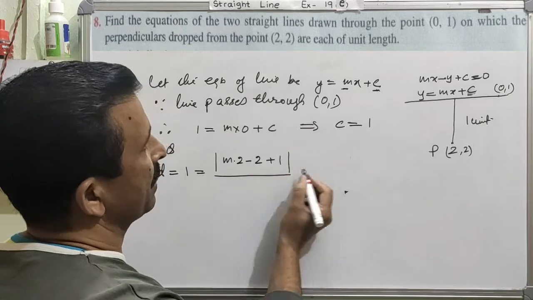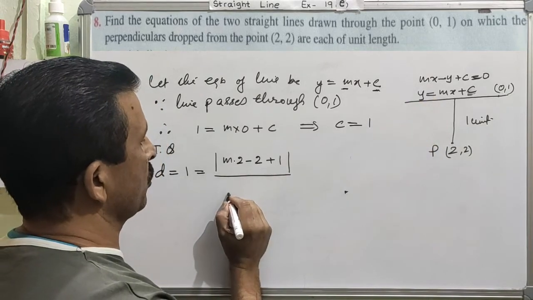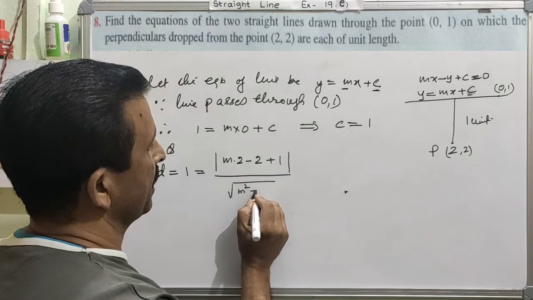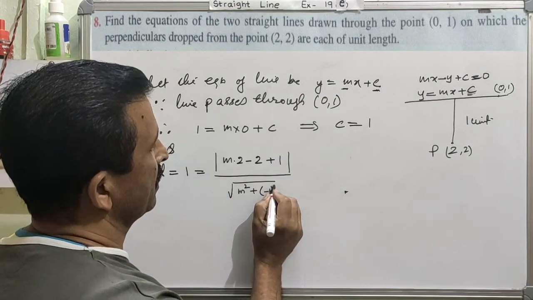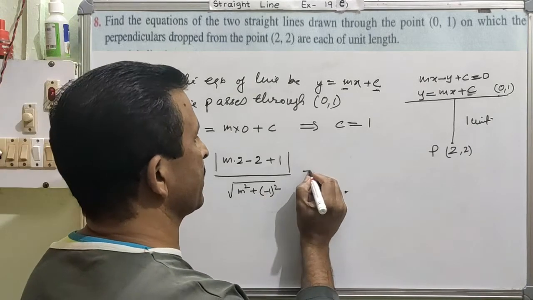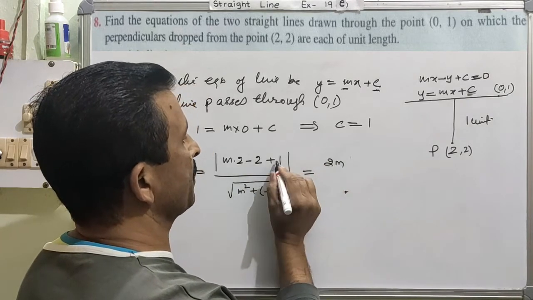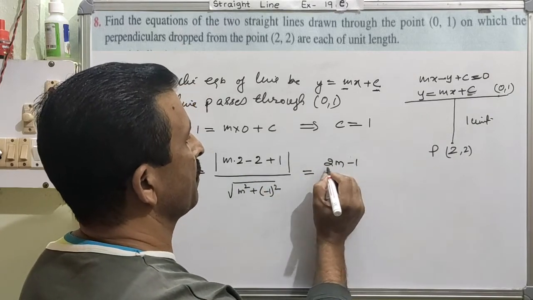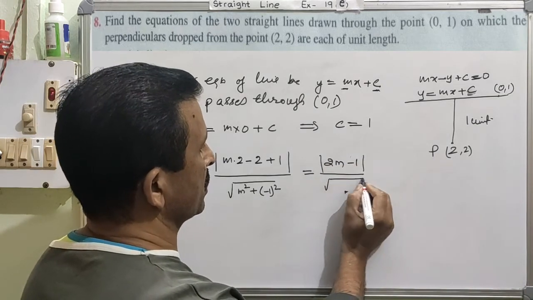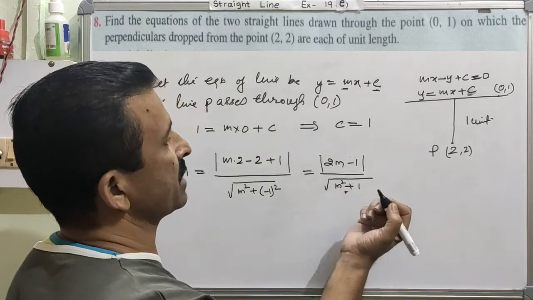Divided by root over m square plus minus 1 square. Is it alright? So this becomes how much? 2m, and this will be minus 2 plus 1, which is minus 1. Absolute value, divided by root over m square plus 1. 1 square means just 1.